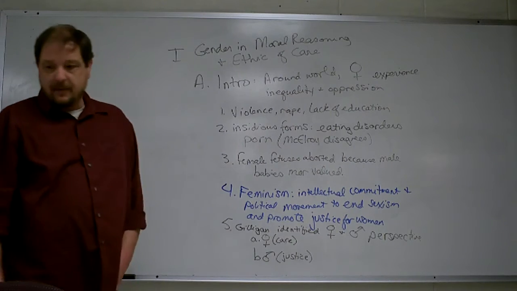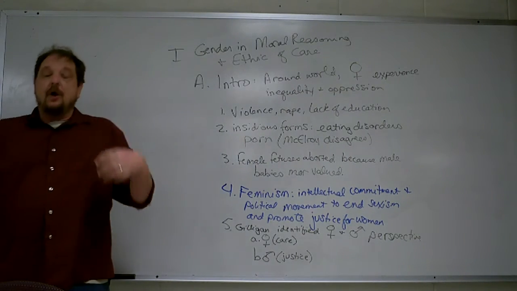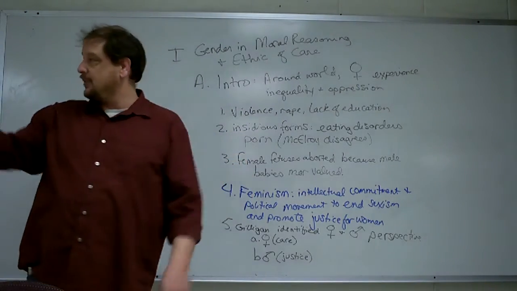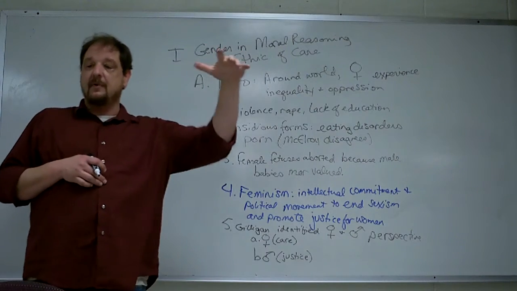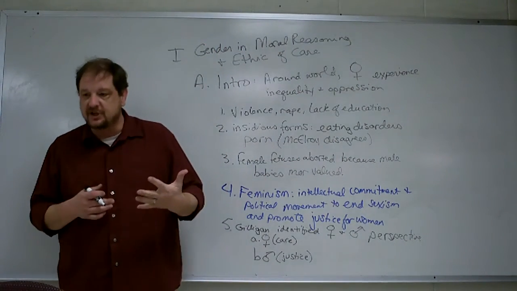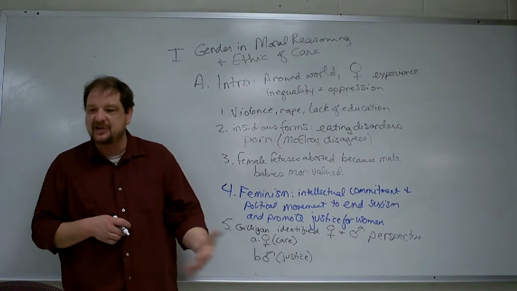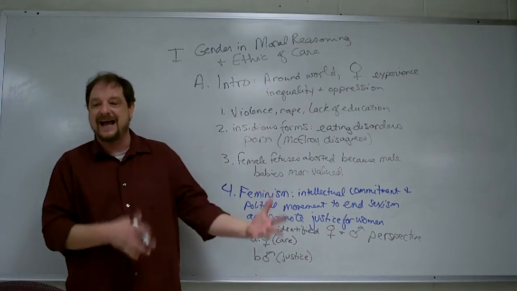Can't really tell. The care perspective emphasizes, there's actually a chart in the chapter, but the care perspective is personal, partial. That means it does take sides because it's based on the relationships. It's private, it's natural. It has to do with feelings toward the other person and having compassion.